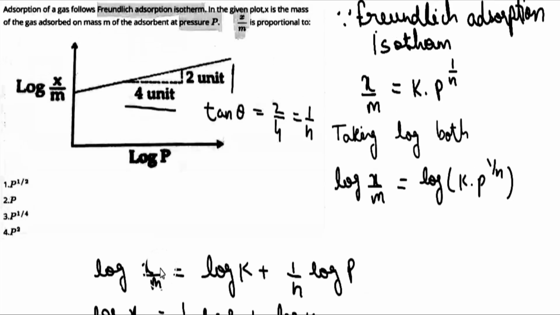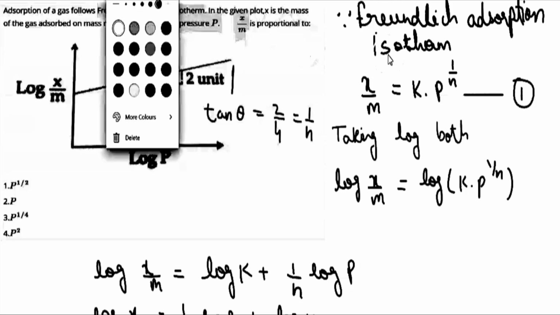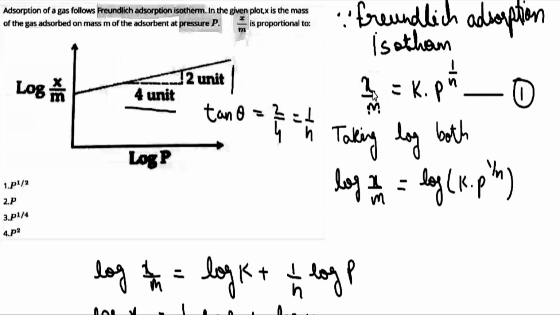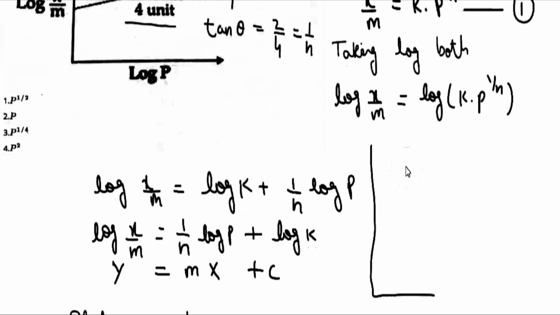Putting the value of n in equation 1, that is in Freundlich's isotherm, we get x by m equals k times p to the power 1 by 2.